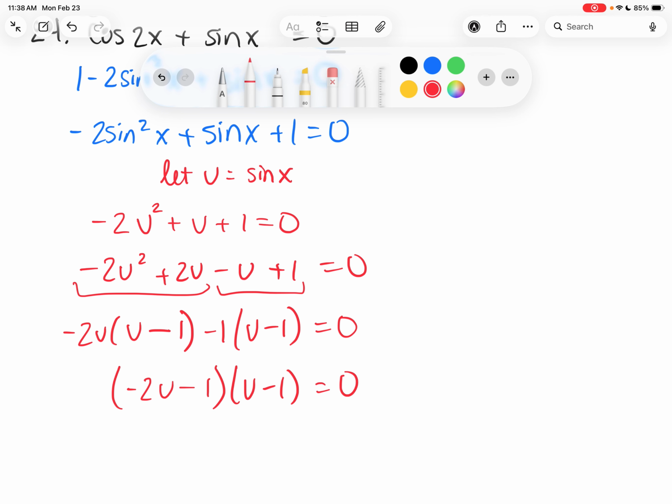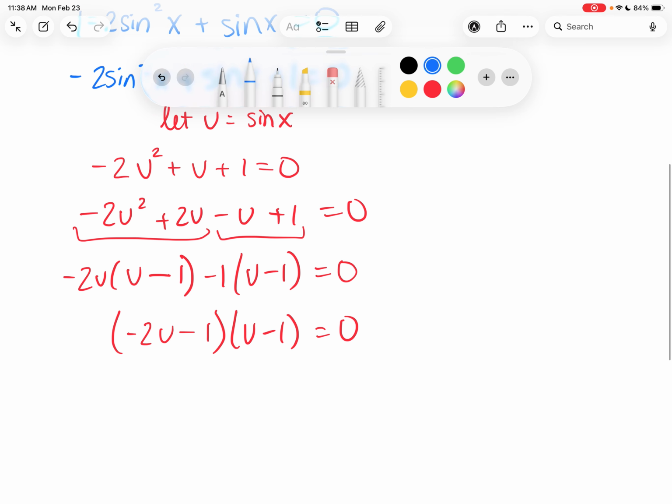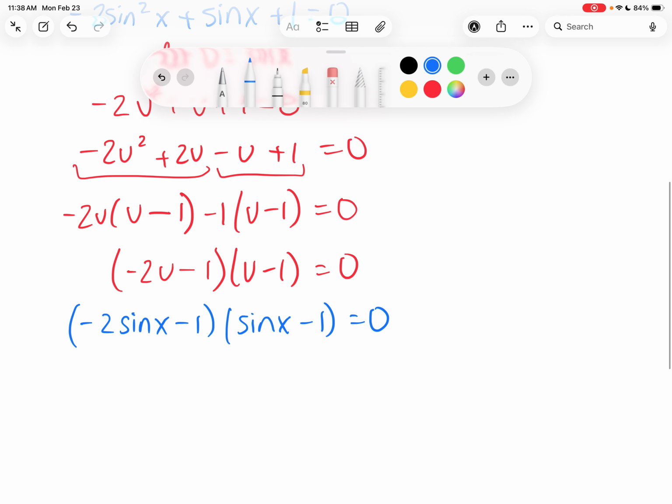Now at this point I would plug my sine of x's back in. And so I would have negative 2 sine of x minus 1 times sine of x minus 1 equals 0. And then we're going to set both pieces equal to 0 and solve. So I've got negative 2 sine of x minus 1 equals 0 and sine of x minus 1 equals 0.